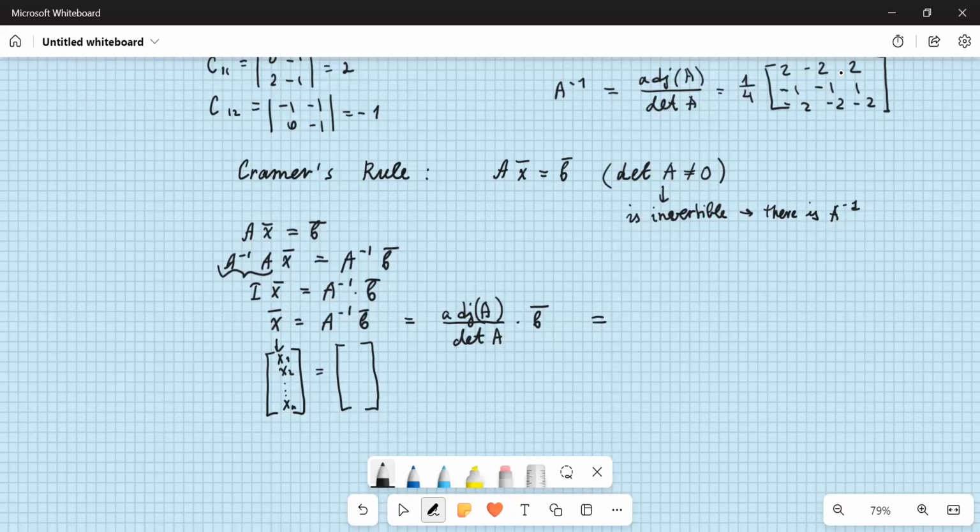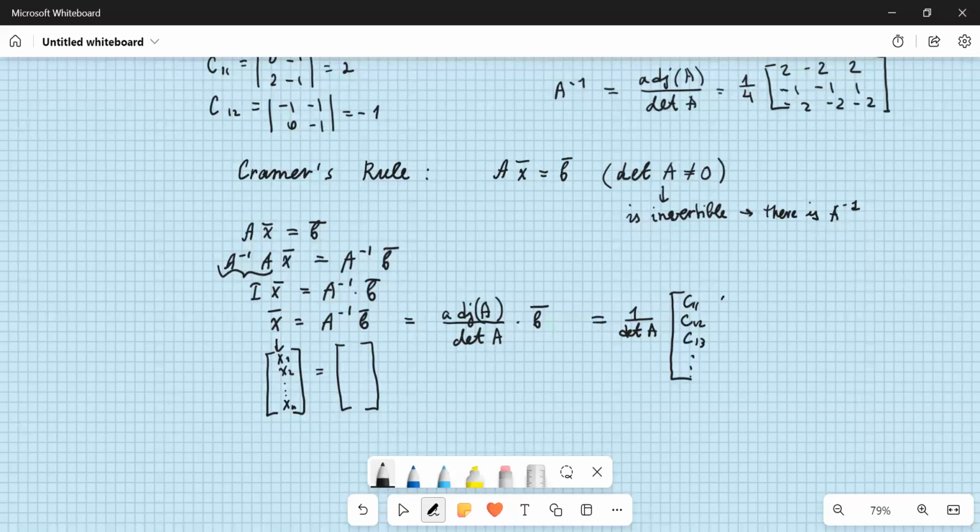I'm going to take the determinant of A in front, separating it from the rest. What is the adjoint? I'm going to write it down. Well, the adjoint is the matrix of cofactors where the cofactors of the first row are sitting as the first column, right? And that's what I'm going to do: C11, C12, C13, and so on.